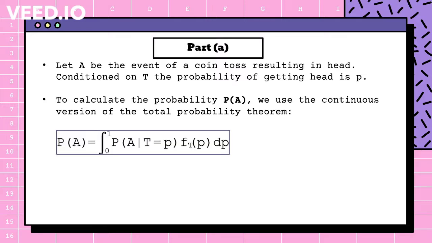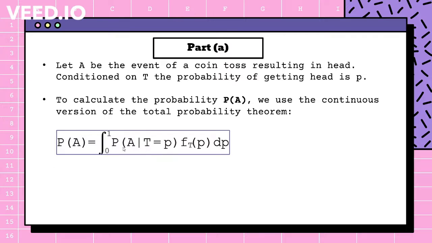It is simply the integration of the probability density function, from minus infinity to infinity, but here I shall take it from 0 to 1 because this probability density function is defined only for 0 to 1. So the probability of A is equal to the integration from 0 to 1.